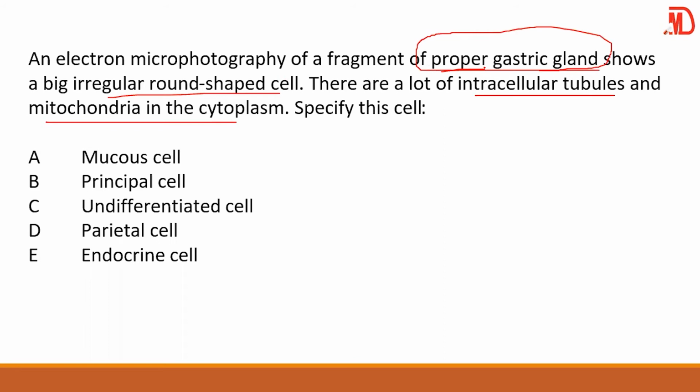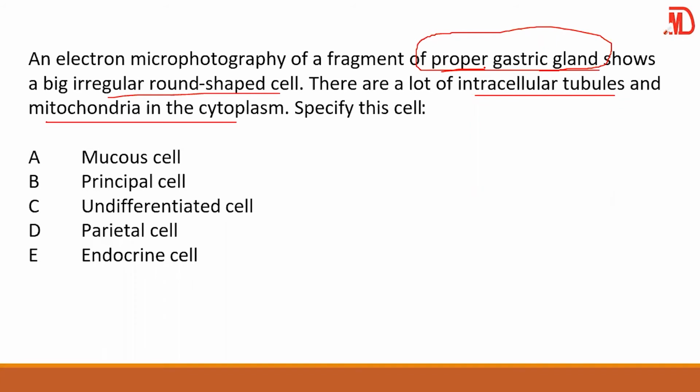So even if you don't know, ask yourself which cell is responsible for gastric juice secretion. I think on Tuesday we spoke about it. So over here, we are dealing with parietal cells.